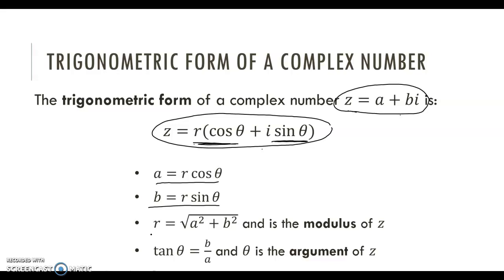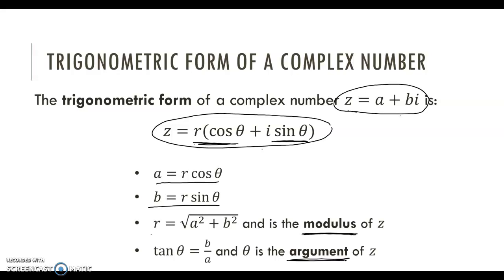This is also known as the modulus, which we discussed in section 6.5, the modulus of z, or the absolute value. And then to find theta, or the argument of z, we take b divided by a and evaluate at what angle tangent equals this ratio.